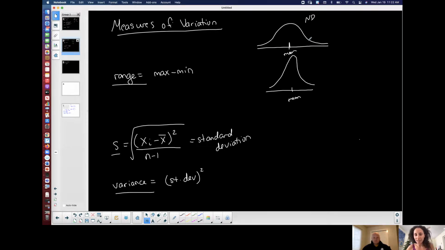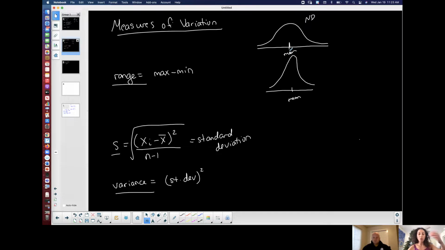So between these two, along this horizontal scale, it looks like there are more values further away from the mean, because I have some all the way over here and all the way over here. So I would say the variation is greater within this distribution than it is here, which would imply that the standard deviation is greater in this distribution than in this one.